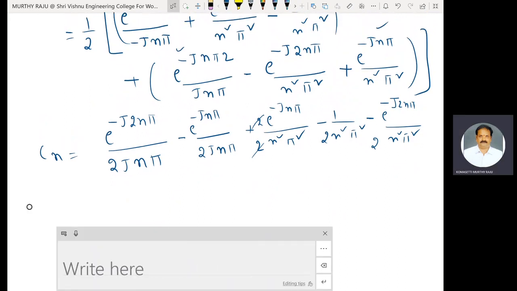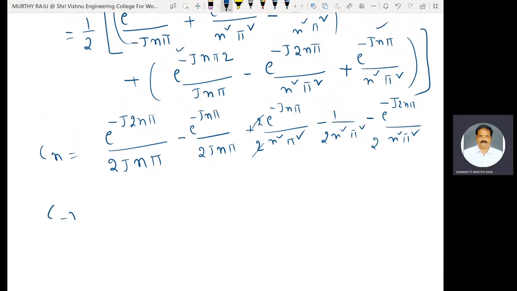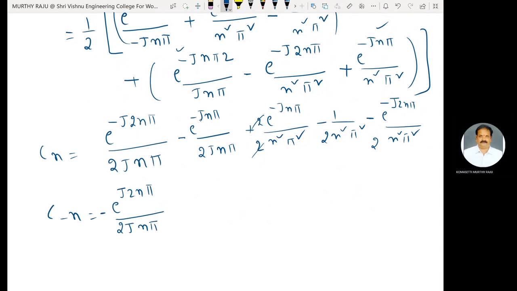To calculate C minus n, n is replaced with minus n. Minus into minus plus e power j 2n pi, here minus is there, 2j n pi. Here minus n, that is equal to minus into minus plus e power j n pi by 2j n pi.